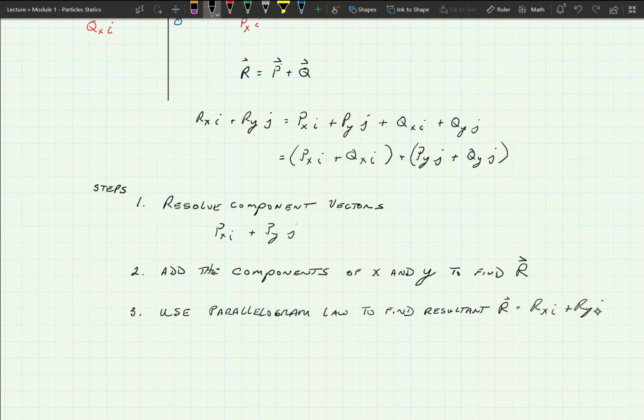That's a J. Let's make it a J. Okay. And those are the steps you need to do this.